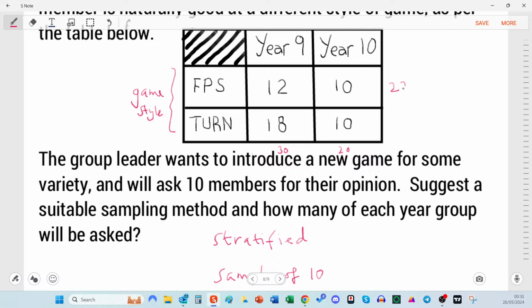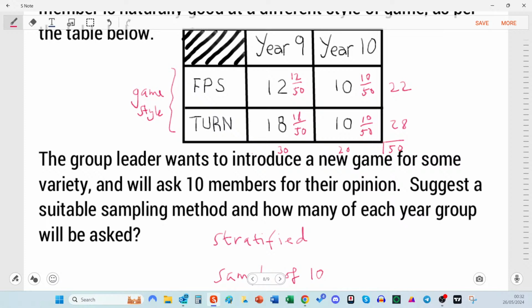Going this way, we've got 22, so FPS 22, and turn-based is 28. And then the overall total for both columns would be 50. The amount of year 9s that are first person shooters is 12 out of 50. Here, 10 out of 50. And here, 18 out of 50.